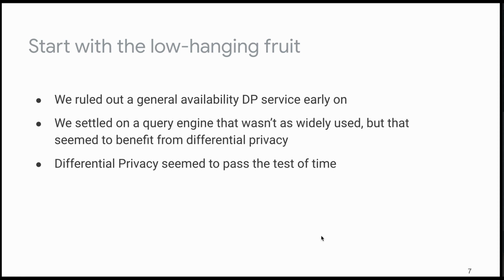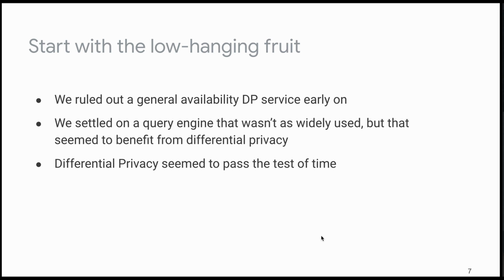As you can probably imagine, Google's infrastructure is very complex. So adding differential privacy natively to that infrastructure seemed back in the days like a gargantuan task. We also didn't know if the demand was there for a general availability service for differential privacy.